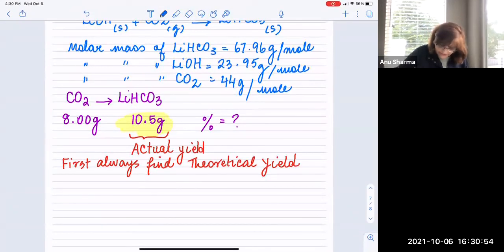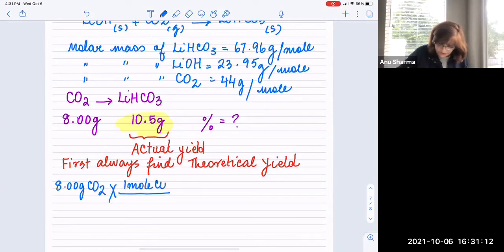This is not stated, but always find the theoretical yield first. Here you are given CO2, which is 8.00 grams. As we have been doing, convert that to moles. So 1 mole of CO2 is 44 grams of CO2.